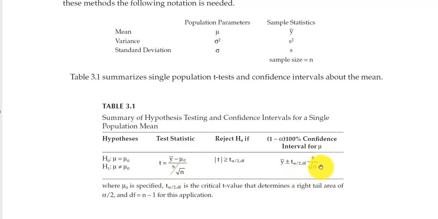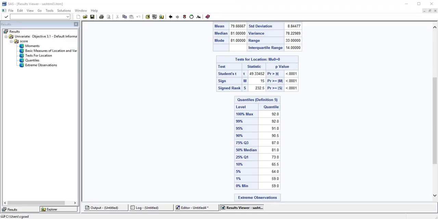We can also request confidence intervals, and that as one of our options. So when I move back to SAS and I look at this test for location, the student's t 49.33, etc., p-value less than 1/10,000th, that first row of this table under the headings, and that corresponds to that t-test in table 3.1.